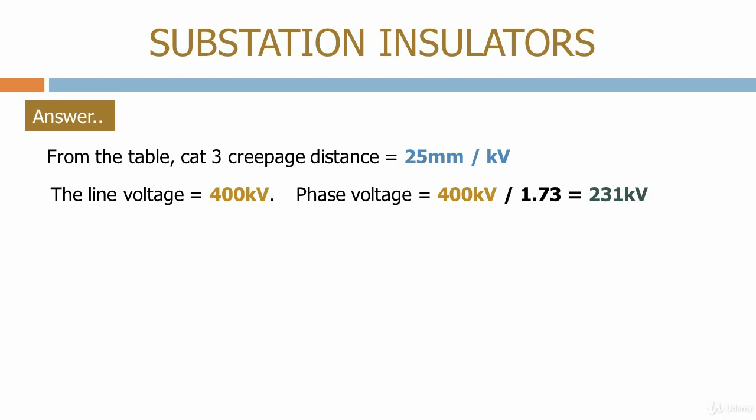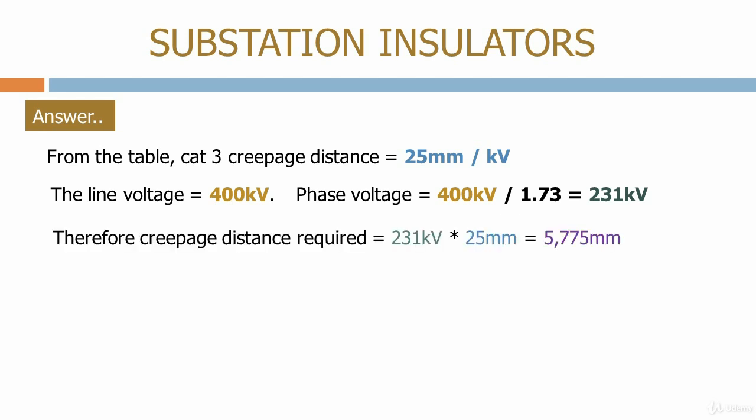Therefore, phase voltage equals 400 kV divided by root 3 equals 231 kV. Therefore, the creepage distance required equals 231 kV multiplied by the Cat 3 creepage distance, which is 25 mm per kV, equals 5,775 mm.